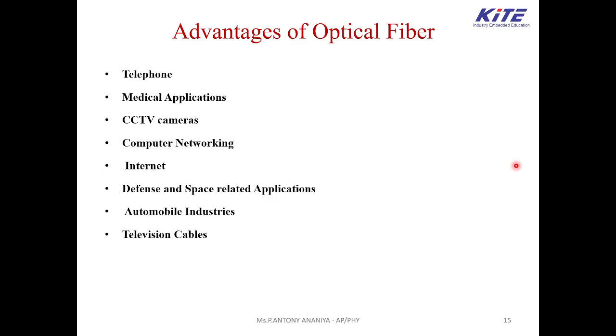And the final application, television cable. The use of fiber optic cables in television cable is widely increasing. FOC have high speed and high bandwidth, therefore they are used for the transmission of high definition television.